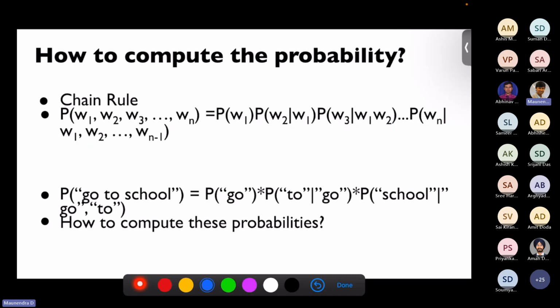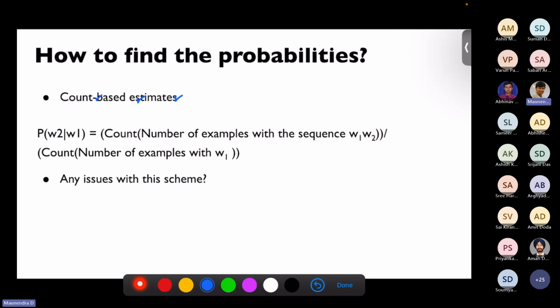So we should have another probability table or some estimates: what is the probability that the next word is go if the current word is go? What is the probability that the next word is to if the current word is go? What is the probability of seeing the next word school given the current word is go? And all such pairs that we can think about. Their probabilities we should have.